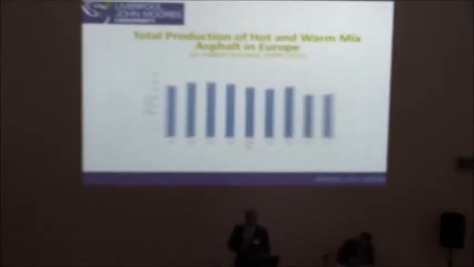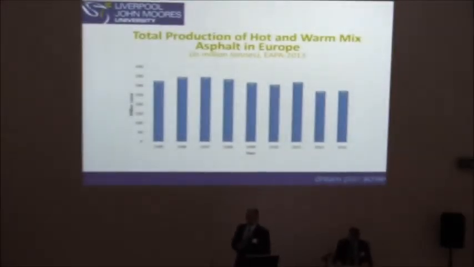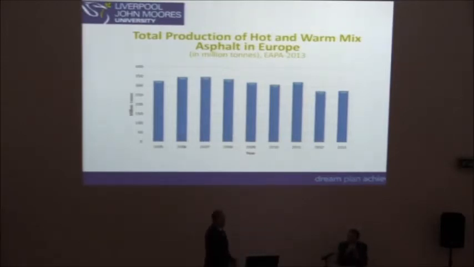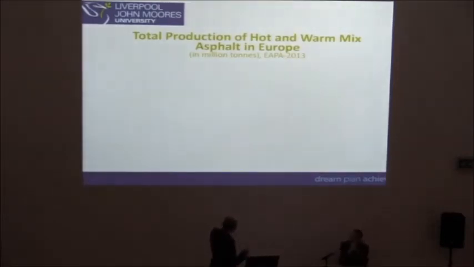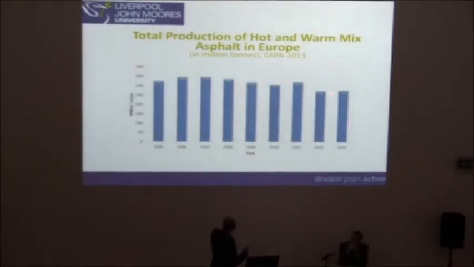Let's start with the production of the hot and warm mixed asphalt in Europe. These figures are according to EAPA, the European Asphalt Pavement Association. We can see in 2013, the production of hot and warm mix in Europe is more than 275 million tons per year.